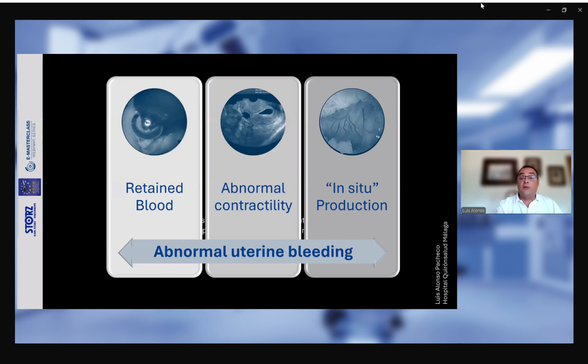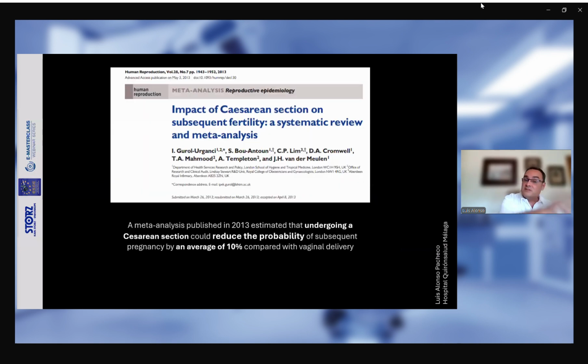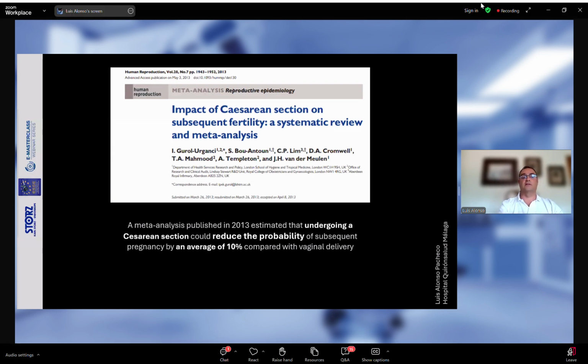Another important symptom, besides the postmenstrual abnormal bleeding, and the other important one for us, is the subfertility or secondary infertility associated with the cesarean scar defect.